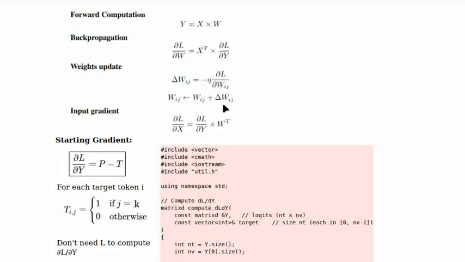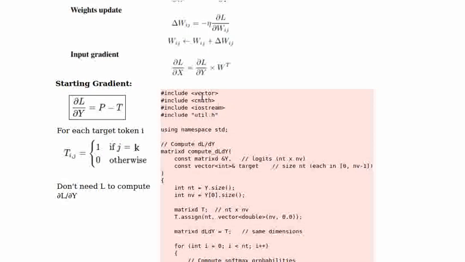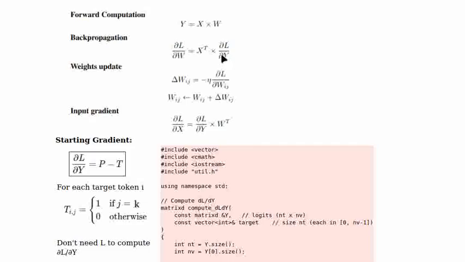And then we update the weight by adding this delta W to the original weight. Okay, and then we compute the input gradient, which is given by partial L partial X, which is equal to partial L partial Y, from here, times W transpose, the transpose of the weights.